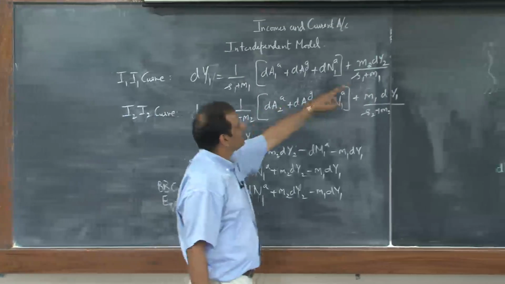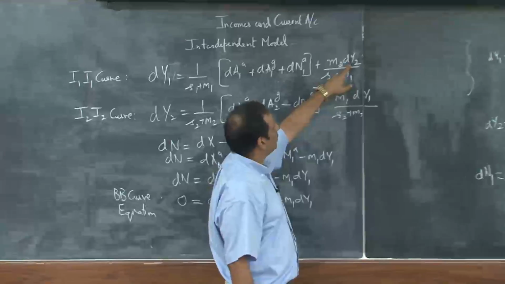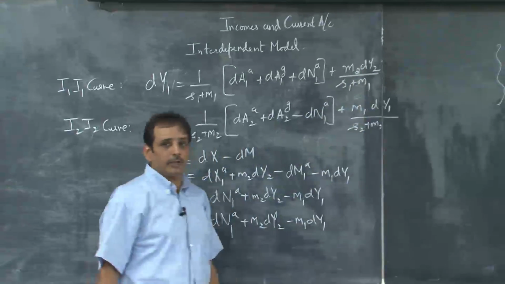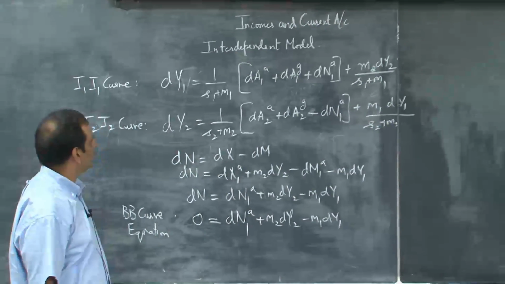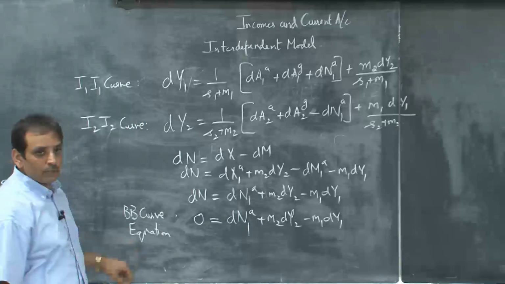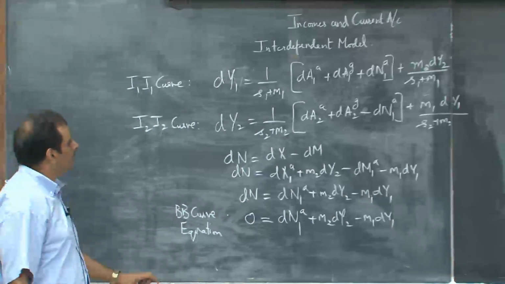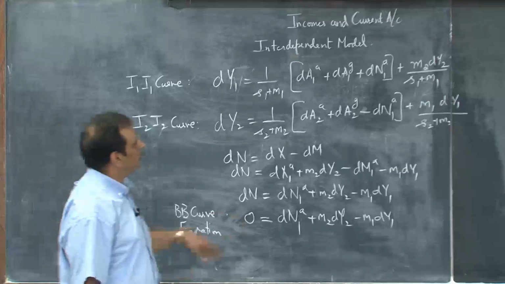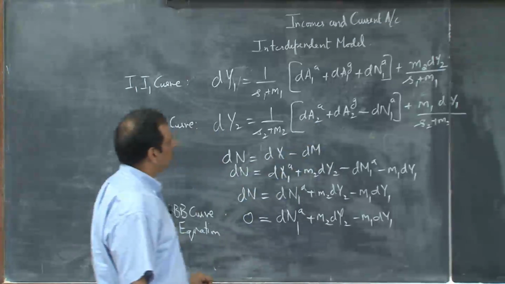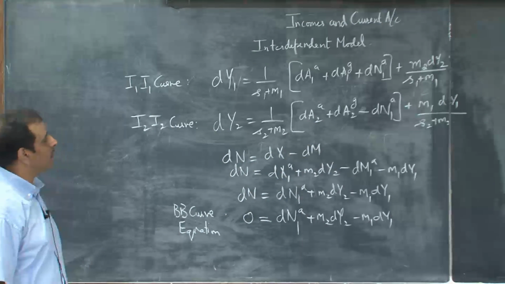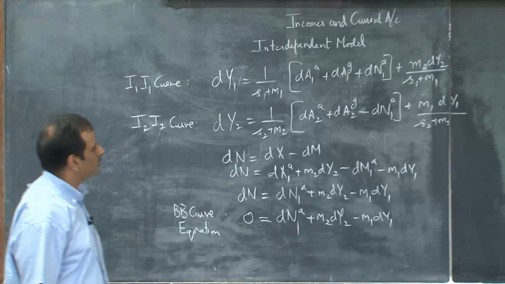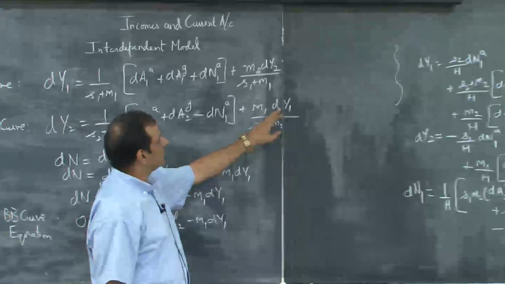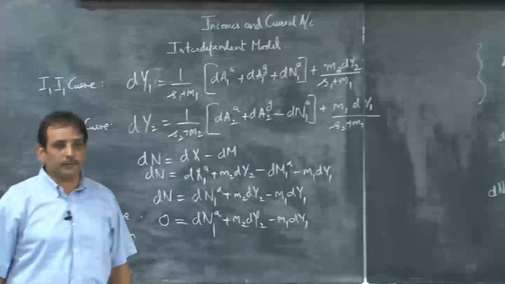And it's also a function of the changes in incomes in the second country. Similarly, dy2, the change in income in country 2, is a function of the expenditures, including the changes in net exports and the changes in incomes in the first country.